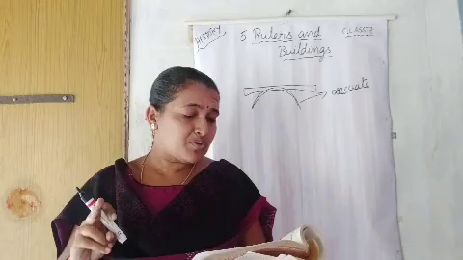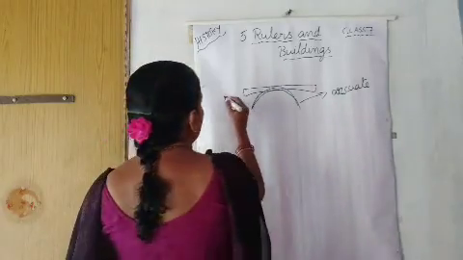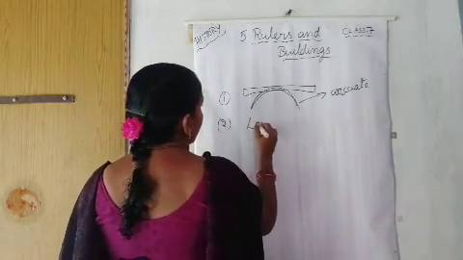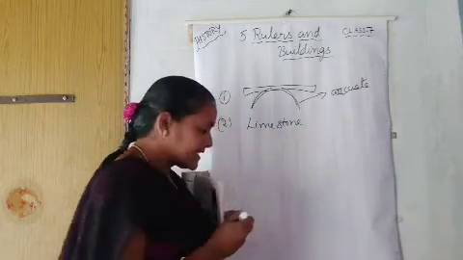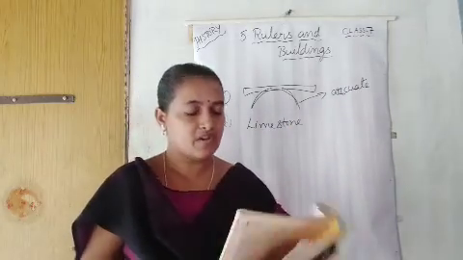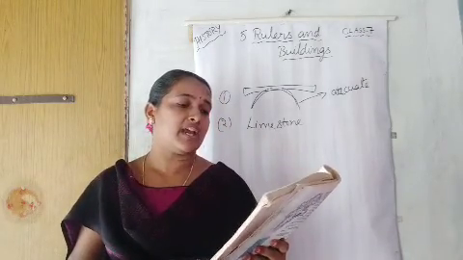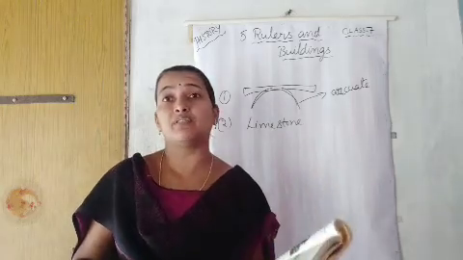Second one, limestone cement was increasingly used in construction. So this arcuate style was the first point, and the second one, they have used limestone for construction of these buildings. This was very high quality cement which when mixed with stone chips hardened into concrete.